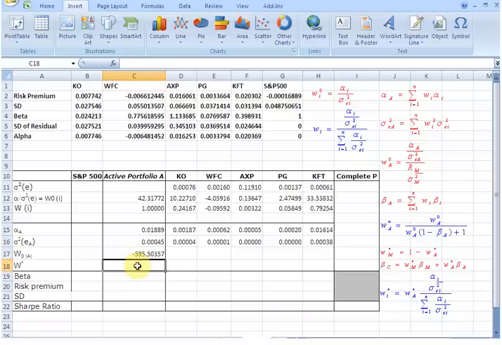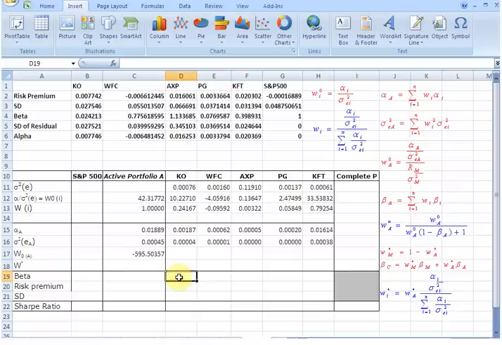In this cell here, we want to figure out the final weight that we need to place on the active portfolio. The formula for doing that is here. What you see in the formula is that we need an estimate for the beta of the active portfolio. So the first thing that we need to do is to figure out the beta of the active portfolio. We are going to do that here.